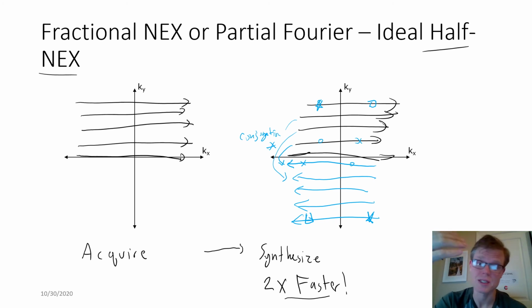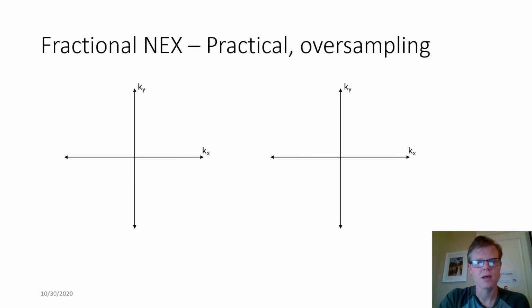So we're doing this based on understanding, first of all, that the data we're acquiring is in the K-space or spatial frequency domain, and then looking at some of the Fourier properties of the spatial frequency domain that we can take advantage of. So this is the ideal case.